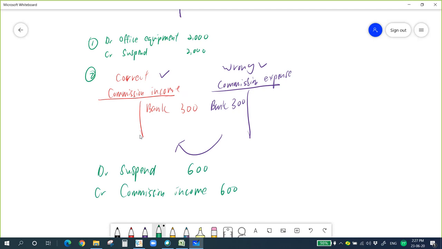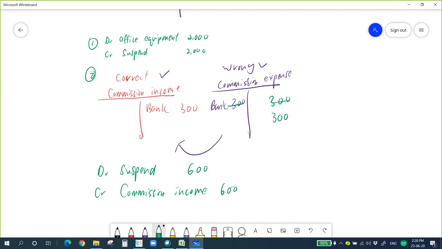So I'm going to show you why we have to credit the commission income. We look at the wrong one. In order to change from a debit to a credit, first I have to put my first 300, so this 300 can net off the wrong entry. And then I post another 300, which is the correct entry.